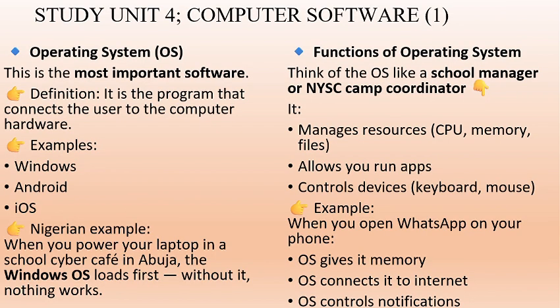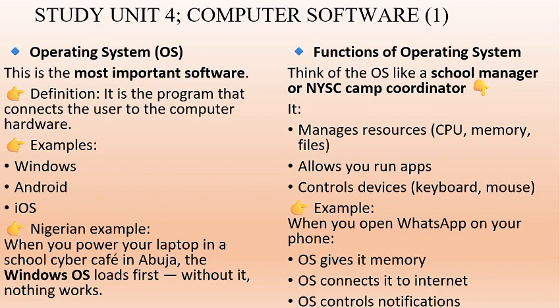And the second one is that it allows you to run apps. An operating system will always allow us to run apps. You are using an iPhone and you have the iPhone operating system. You'll be able to download any app. If you want to download some app and you have not updated your iPhone, it will tell you to upgrade your iOS to version 18 point something, version 26 point something before you can have access to this app.